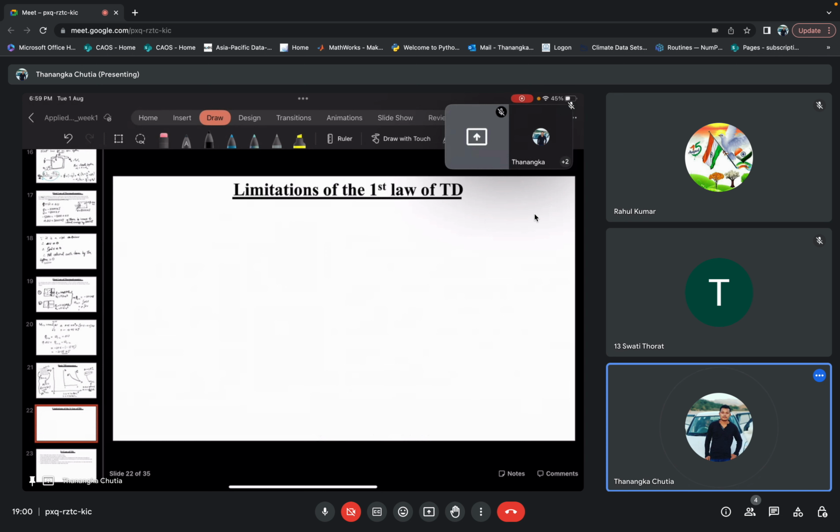Now we have studied the first law of thermodynamics, and we have done numericals related to it, but there are certain limitations of the first law of thermodynamics.